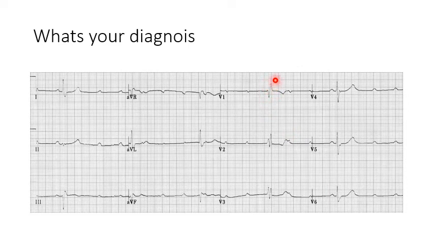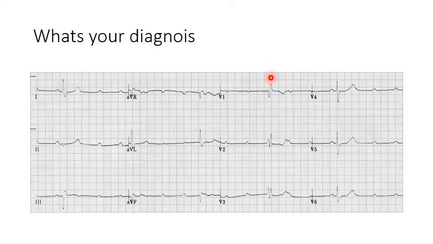So this is right bundle branch block. Bundle branch block will occur when there is broadening of the QRS complex, or if V1 is upright. So this can be because of right bundle branch block.